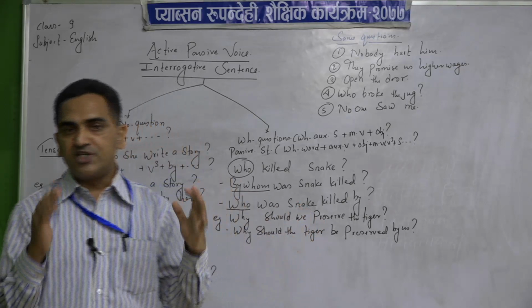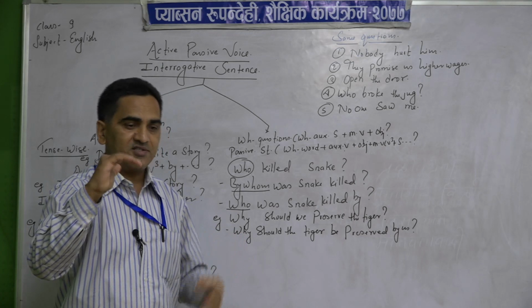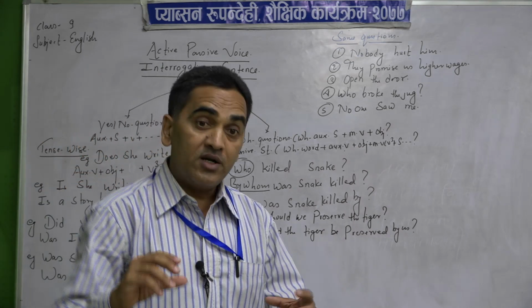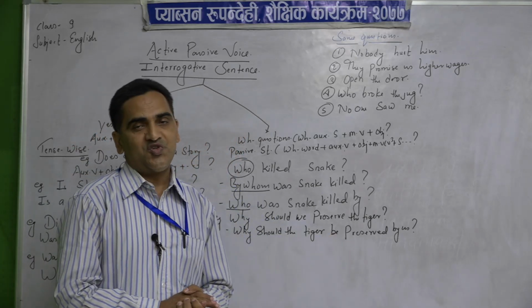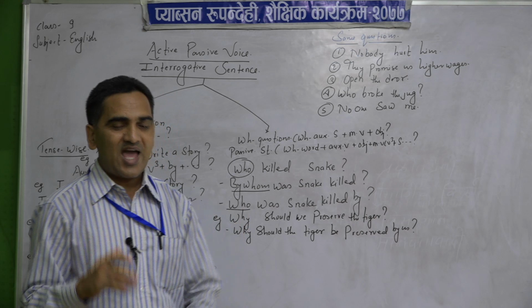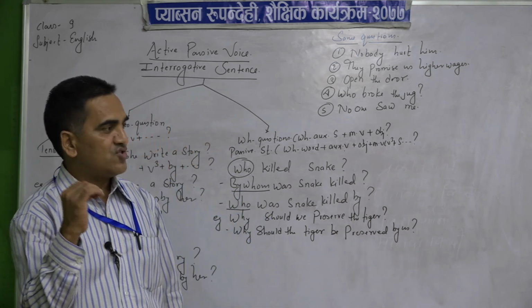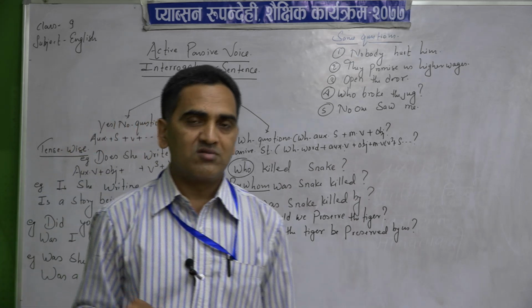If you have deep knowledge about this, you can write. Class 9 is the base for you. If you learn very nicely, in higher classes you can write very easily, because the English language is used everywhere. Without English, you cannot be a great man in the world.